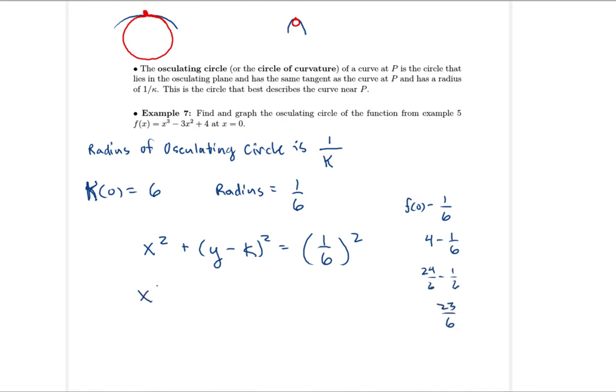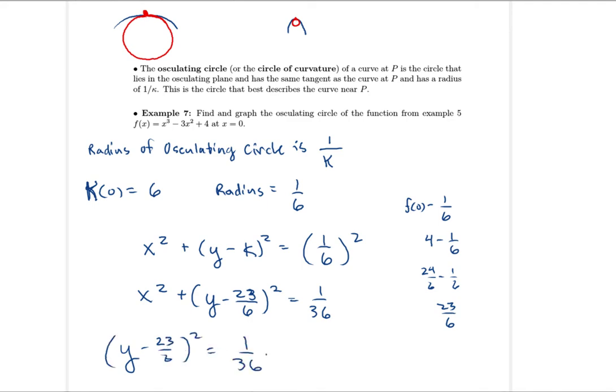So I'd say that my osculating circle is x squared plus y minus 23 over 6 squared equals 1/36. Now, of course, to actually graph this, we need to get y by itself. So this will be y minus 23 over 6 squared equals 1/36 minus x squared.